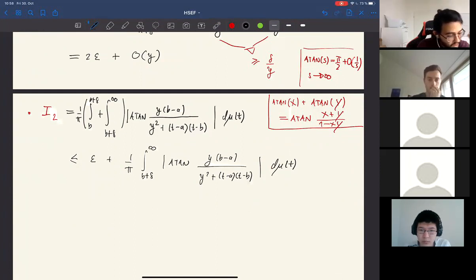And then we use another easy to show inequality. Maybe we put it in here.